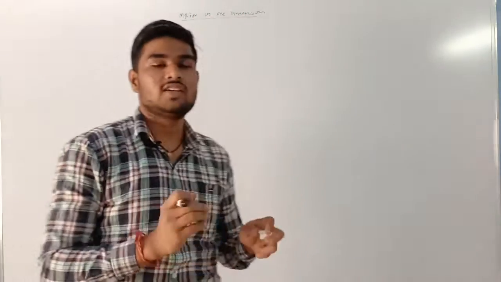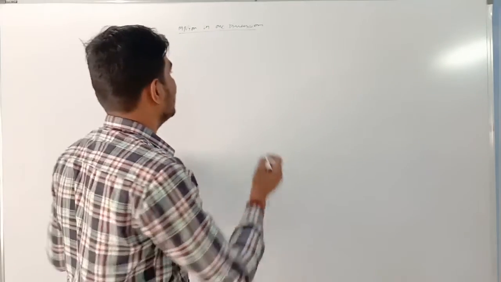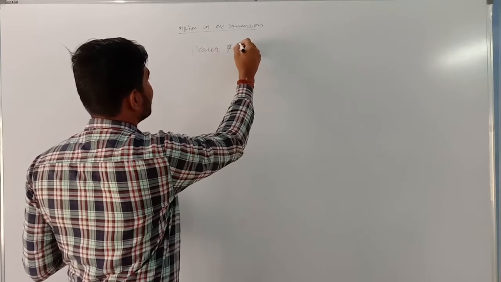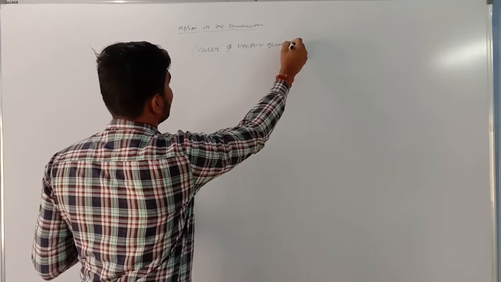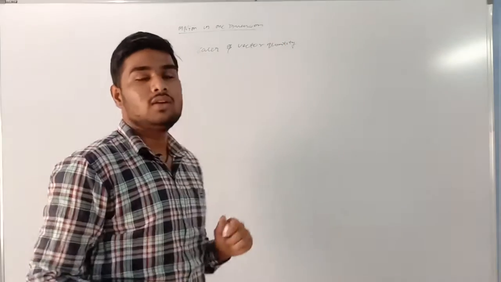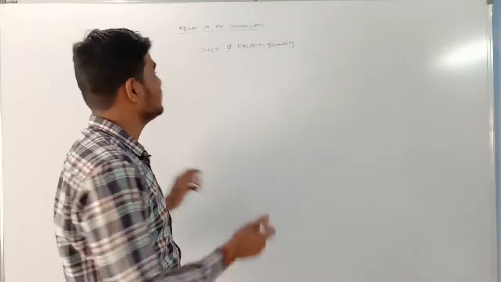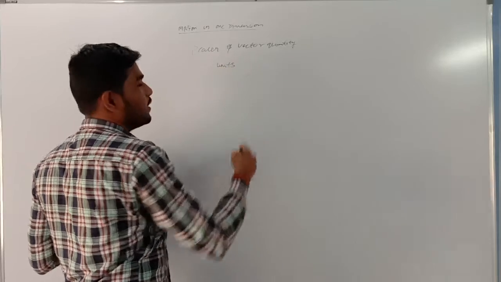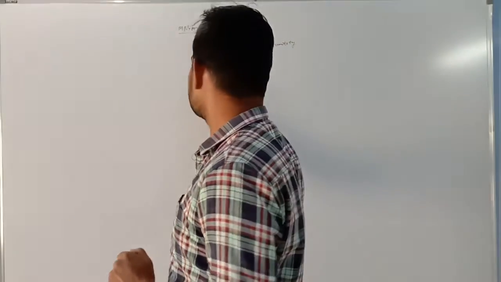First of all, we need to understand what is scalar and vector quantity. Then we will need to understand how many types of units are present, and then we will study distance and displacement.